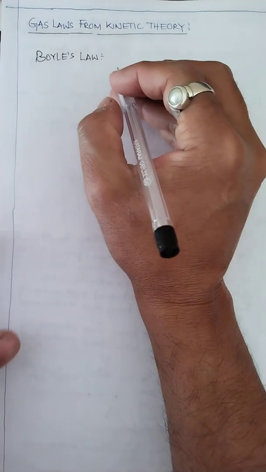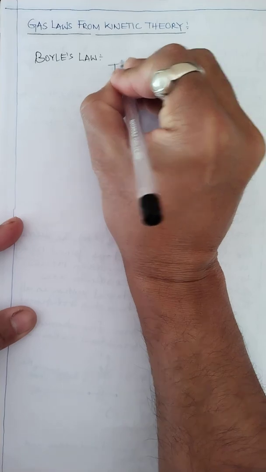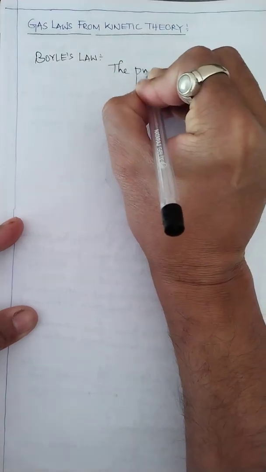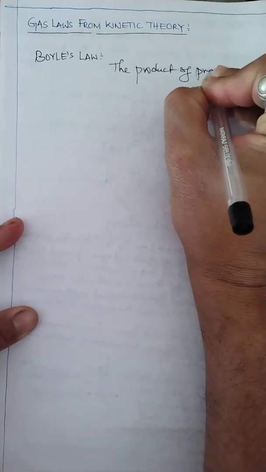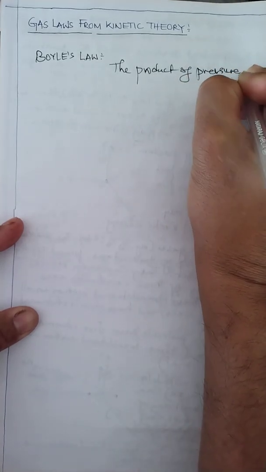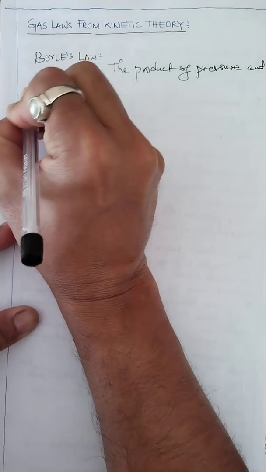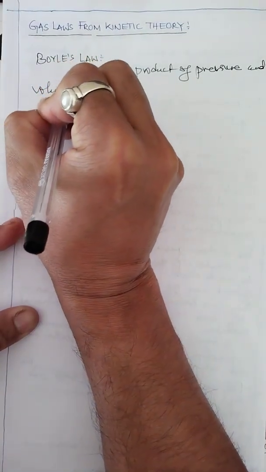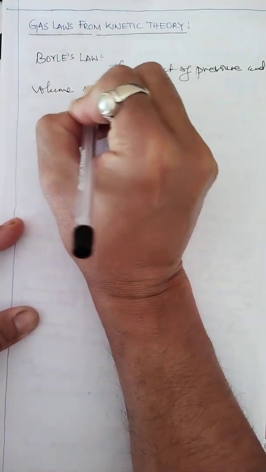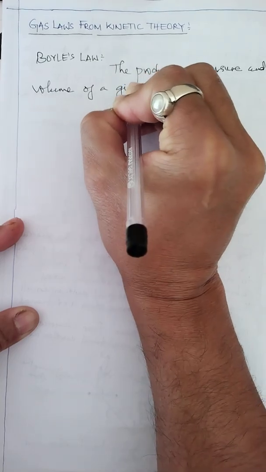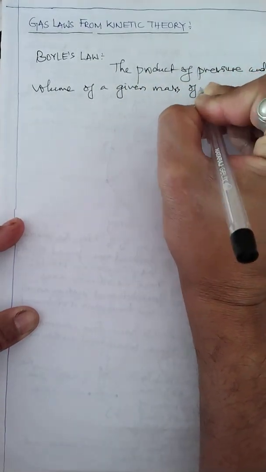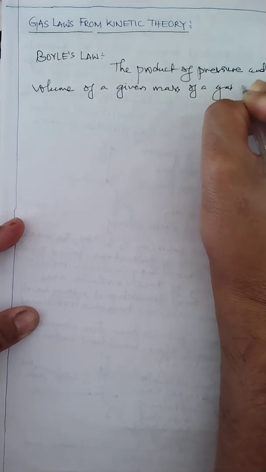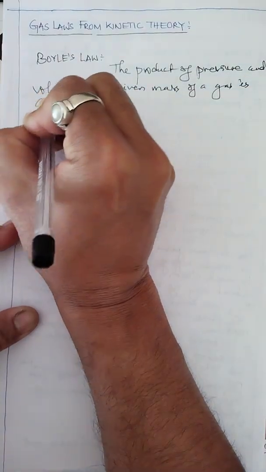According to Boyle's law, let me just write the statement: the product of pressure and volume of a given mass of a gas is always constant.